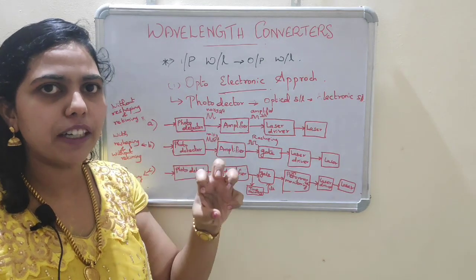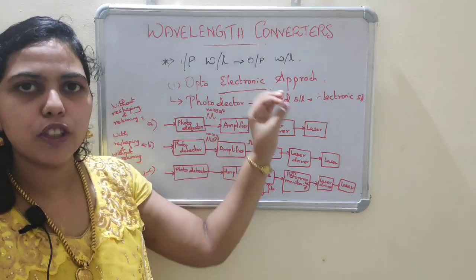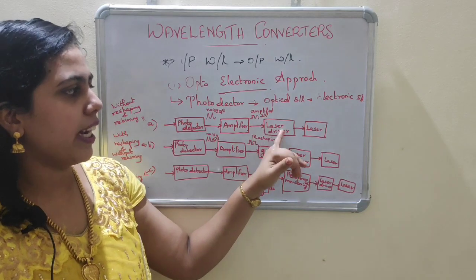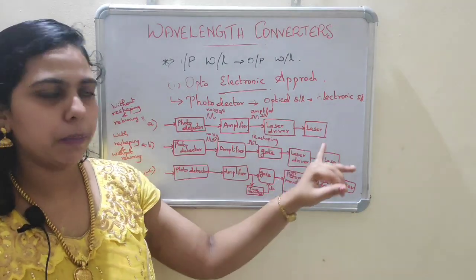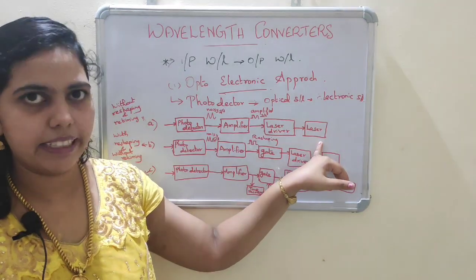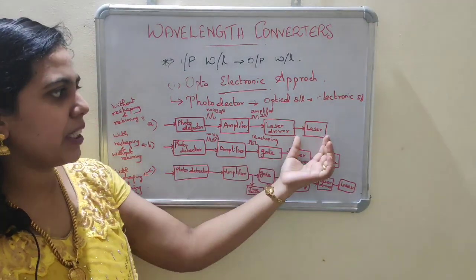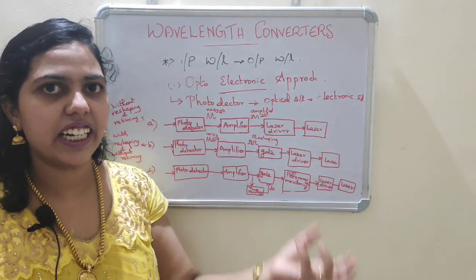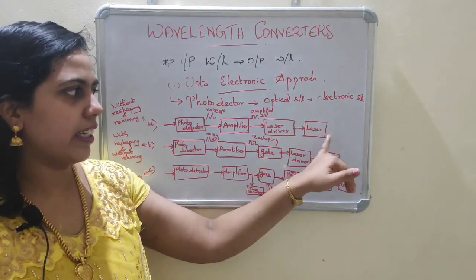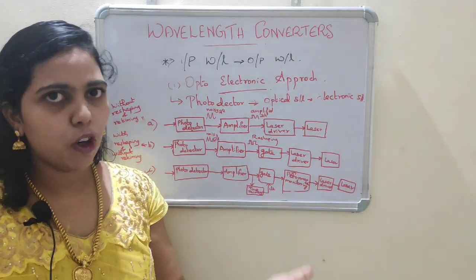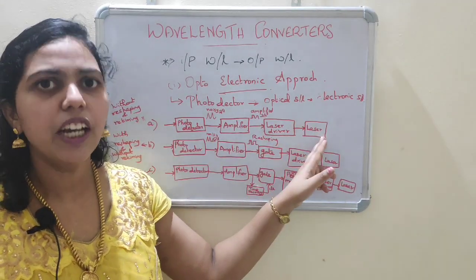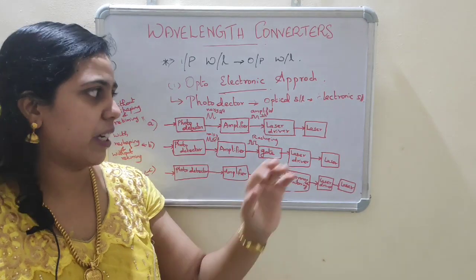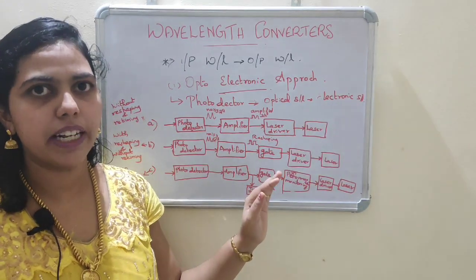The amplifier amplifies the signal and passes it to the laser driver, and the fixed output is produced by the laser, which retransmits and regenerates the fixed wavelength. A variable output can also be achieved by using a tunable laser, but here we are not using a tunable laser.